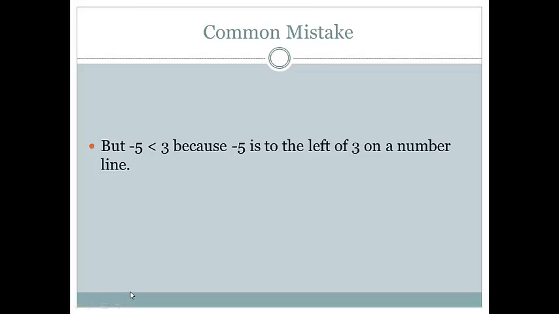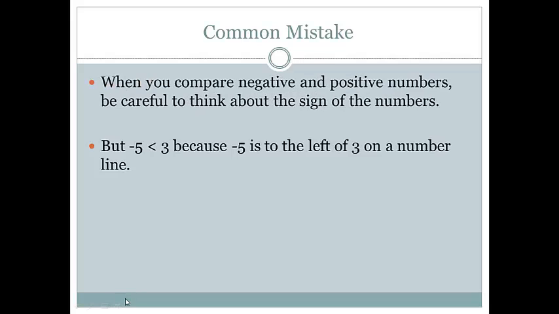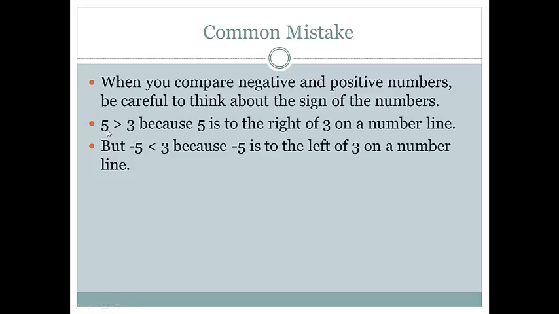Here's a common mistake. When you compare negative and positive numbers, be careful to think about the sign of the numbers. 5 is greater than 3 because 5 is to the right of 3 on a number line. But negative 5 is less than 3 because negative 5 is to the left of positive 3 on a number line.